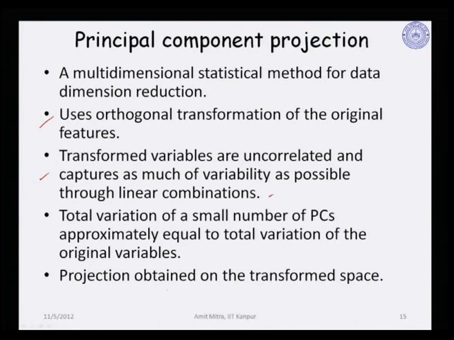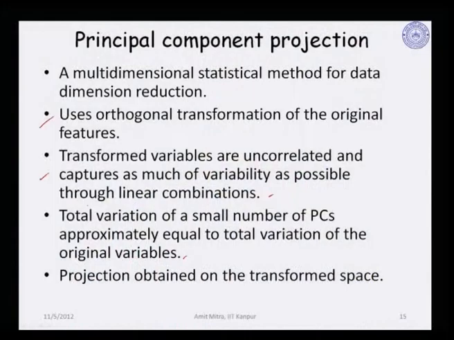We are going to try to look at the total variation of a smaller number of principal components, smaller than the original dimension of the random vector. If that is approximately equal to the total variation of the original variables, then the use of such principal components is going to be most effective.